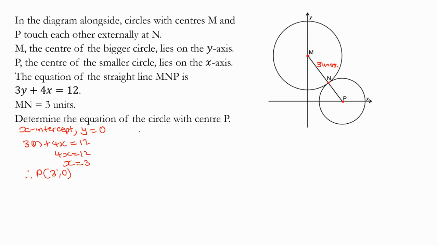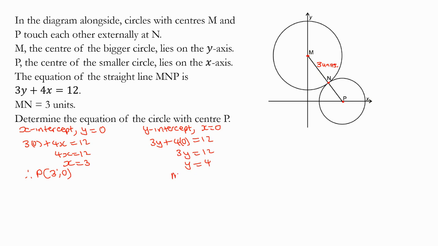And then let's find the coordinates of M, which is the y-intercept. At the y-intercept, we know that x is equal to 0, so 3y plus 4 times 0 is equal to 12. And then 3y is equal to 12, then y is equal to 4.